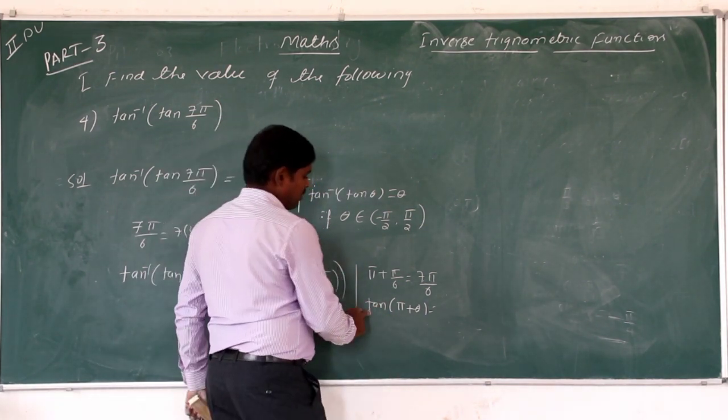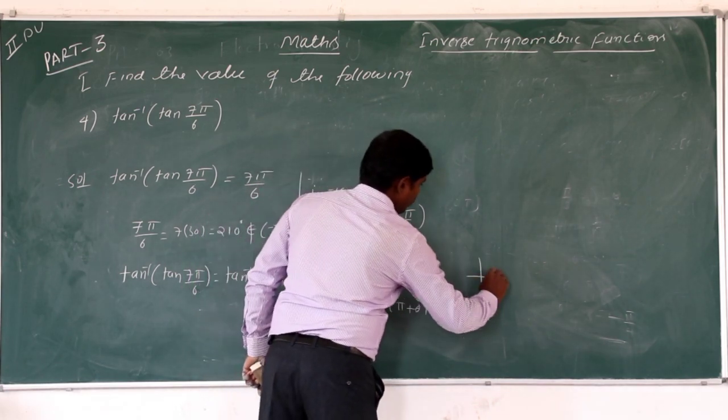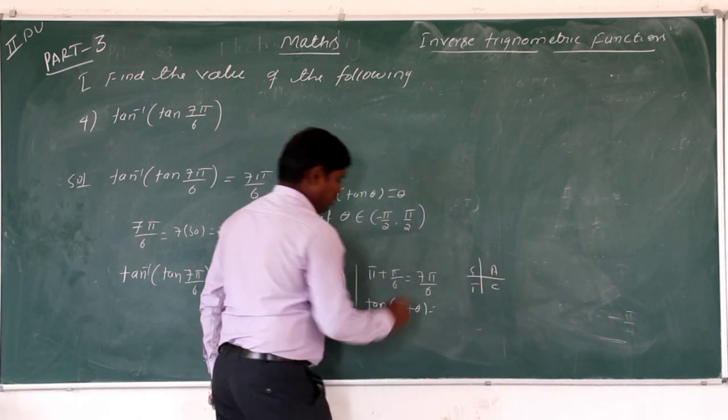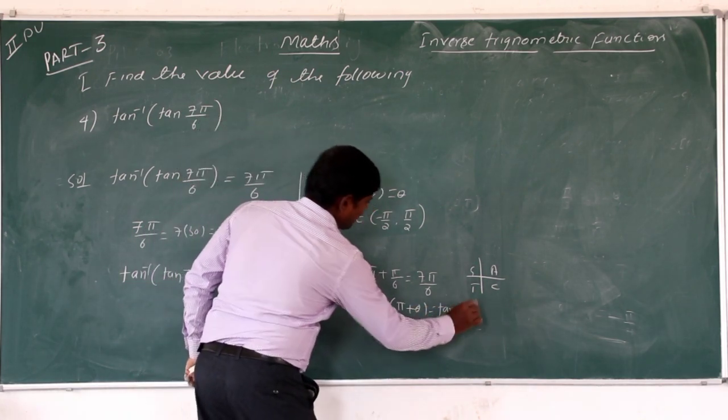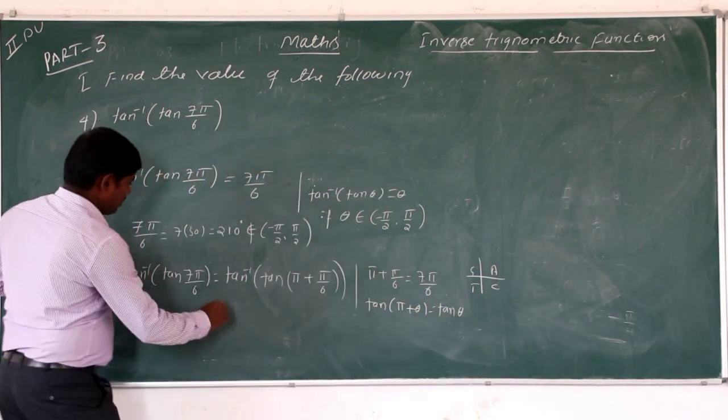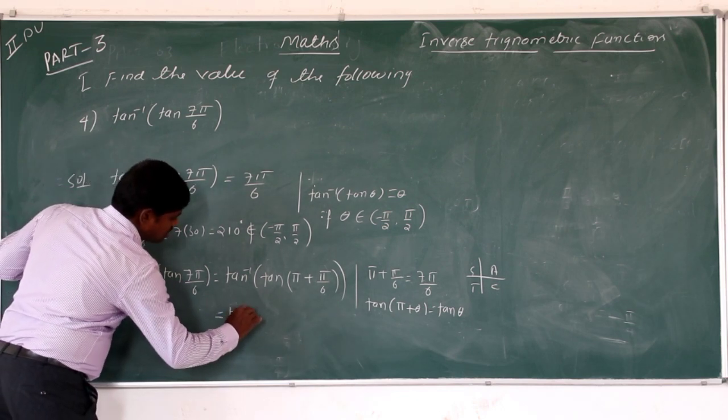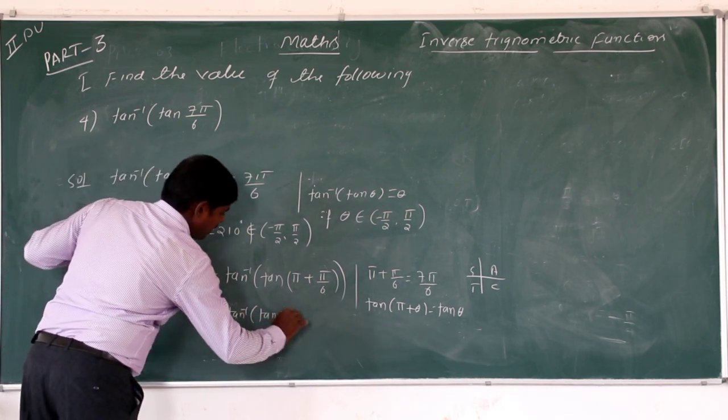So in the third quadrant, according to the ASTC rule, tan is positive. Therefore it is taken as tan theta, so this can be taken as tan inverse of tan pi by 6.